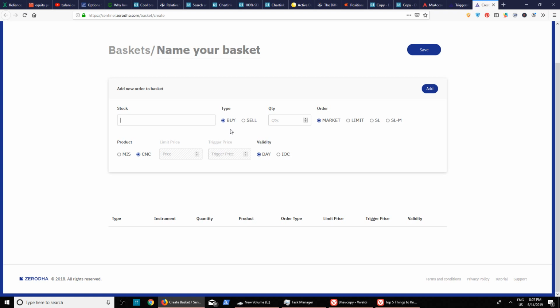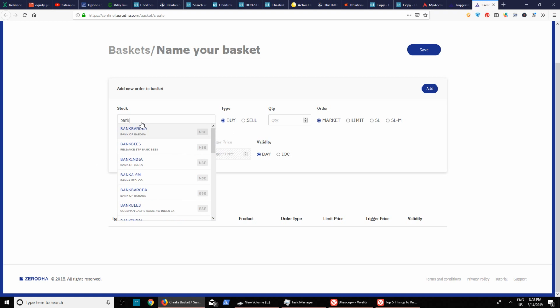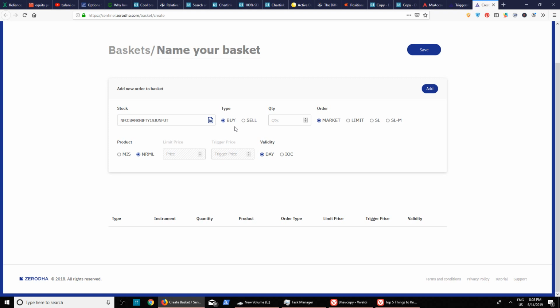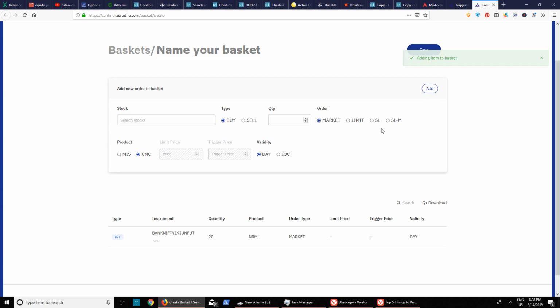So you can buy Bank Nifty on that particular day. So here, Bank Nifty futures, or this is just an example. Buy for MIS and quantity is 20. And yes, market, and then you can click on trigger.